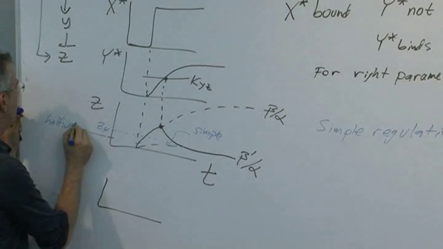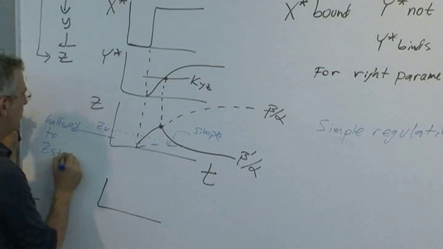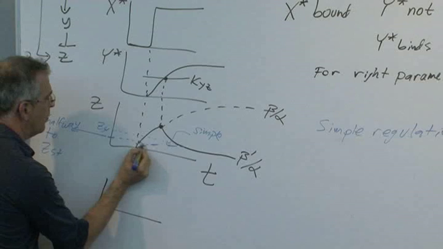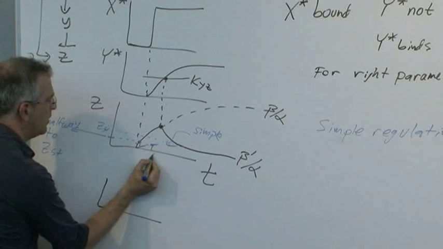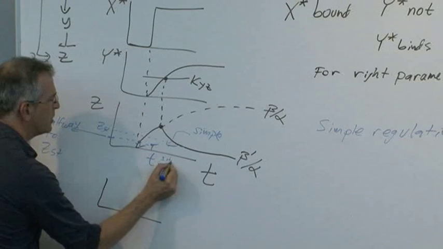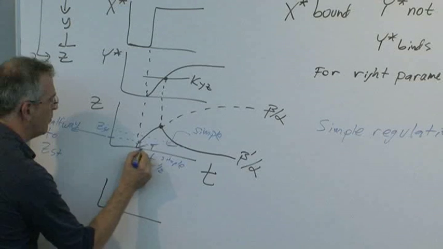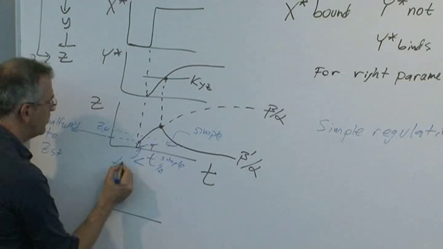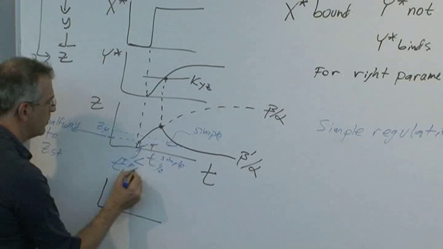I want to look at when we get to halfway to Z steady state, and you see that the response time of the simple regulation is bigger than the response time of the incoherent feed-forward loop.